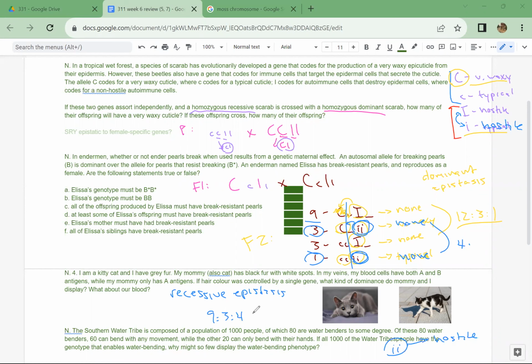There is one more example. And if you have been active in class or even just taking good notes, you'll remember this as the Labrador example, where we had the Labradors who could produce either black or brown pigment. But if we had the lowercase e, then that would prevent it.